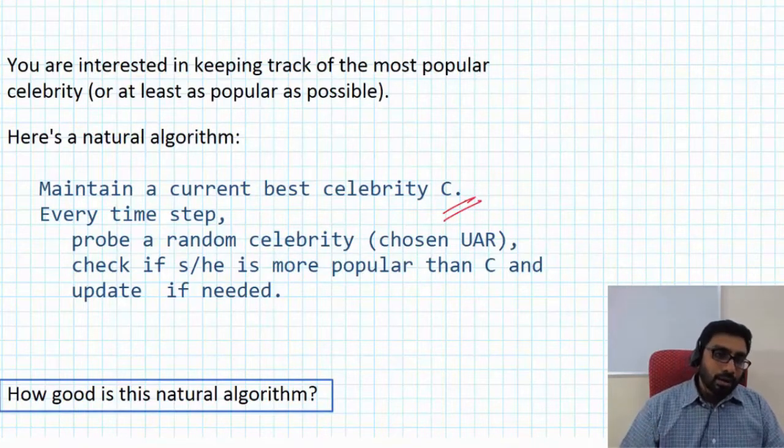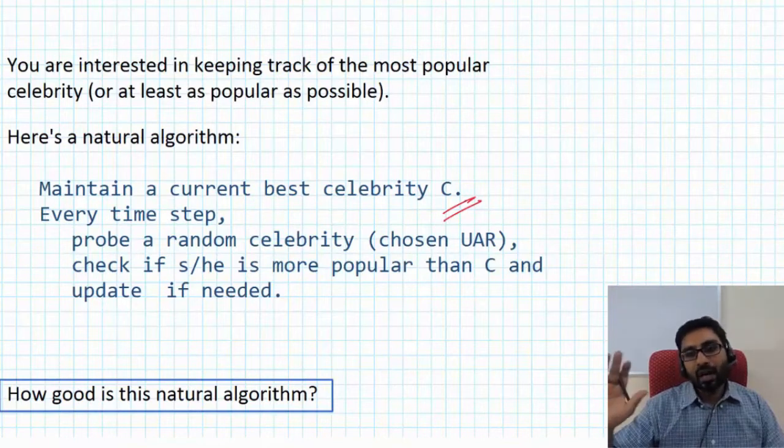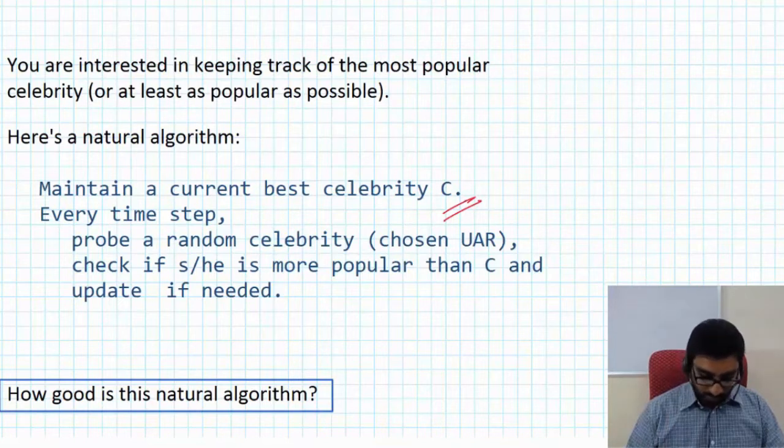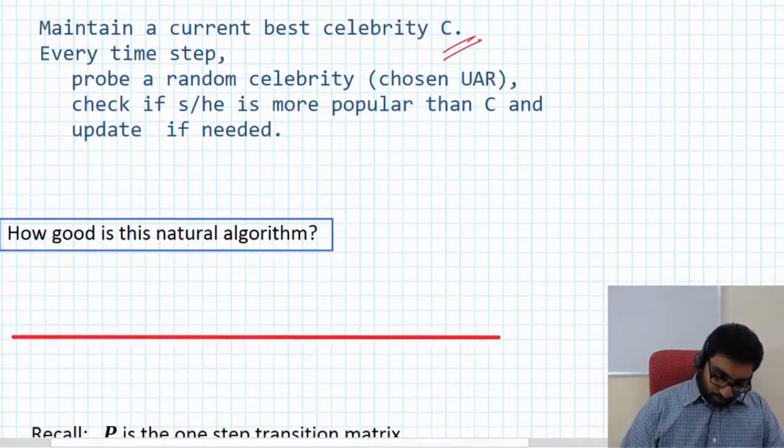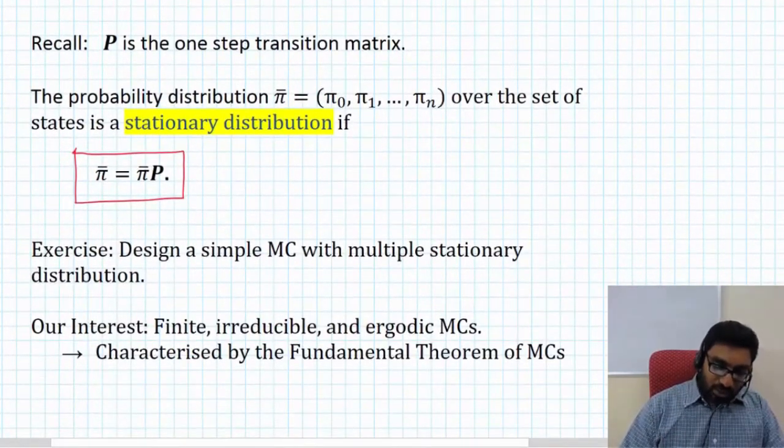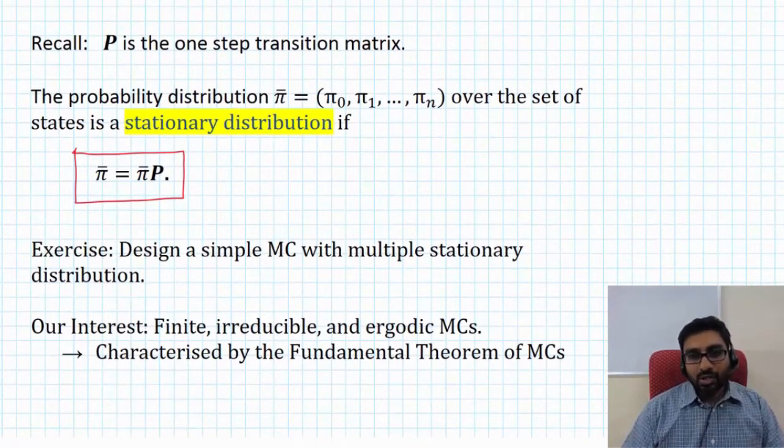So we cannot guarantee that we're always going to be reporting the most popular celebrity, but we want to be able to report a fairly highly popular celebrity. So we want to characterize how good this algorithm is in that sense. But in order to do that, we need to build an understanding of the theory of stationary distributions, and that's what we're going to do now.